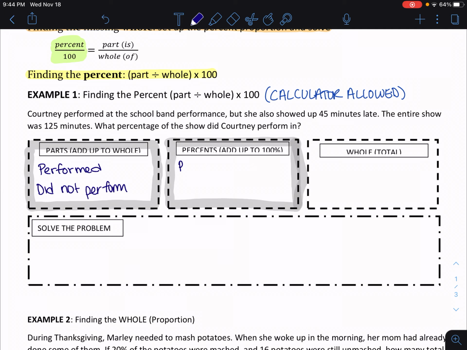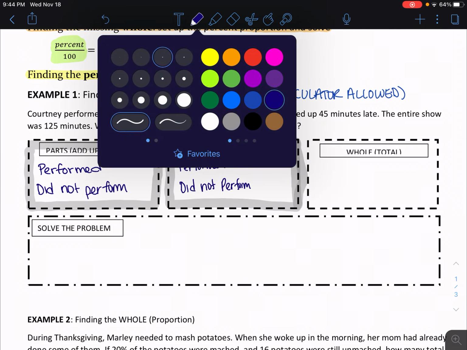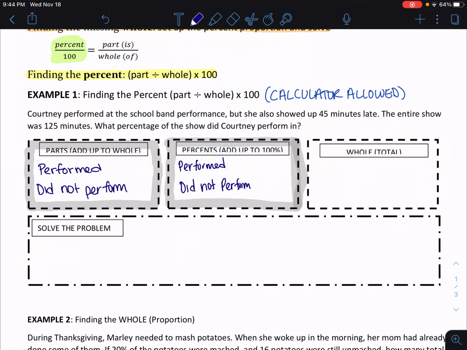So this is going to be performed and not performed, or did not perform. I'll write it the same way. And then the whole is going to be the total minutes. So the total length of the show.